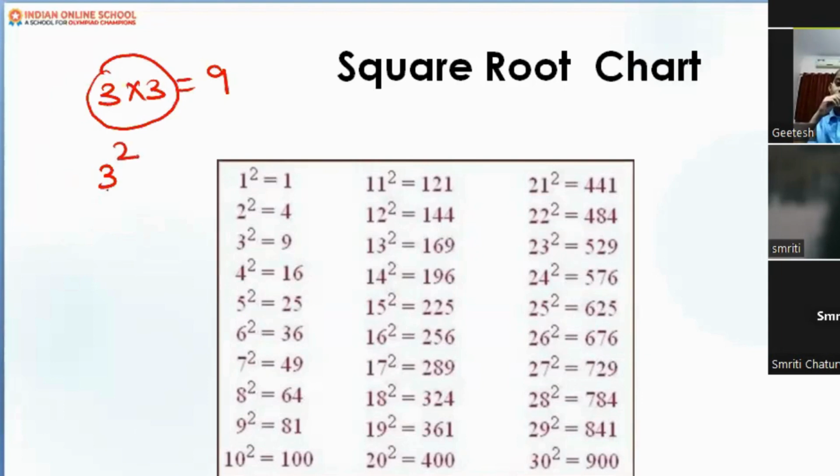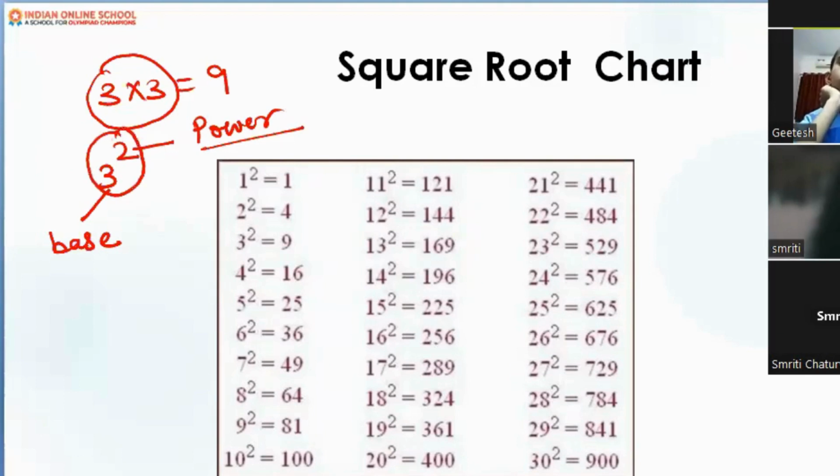Here this 3 is the base, and this 2 is the power of that number. I can read it as 3 raised to the power 2, or 3 square.